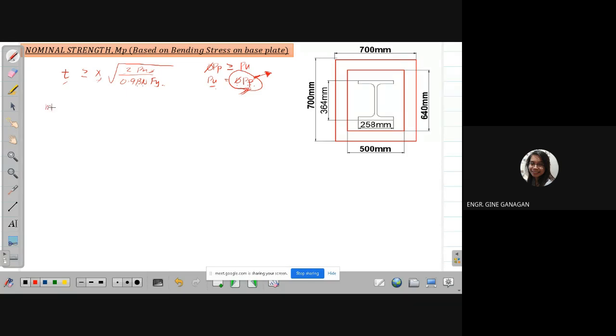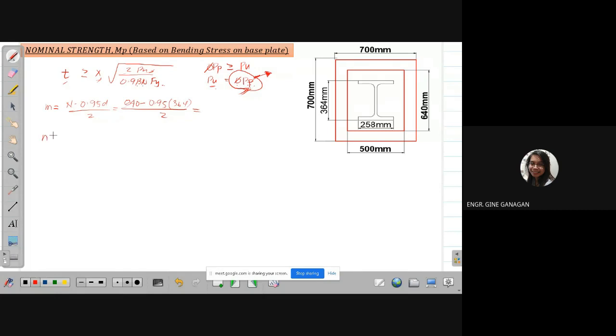So M, that is N minus 0.95 D over 2. So kindly solve the value here. We have N is 640. 640 minus 0.95, yung D natin is 360, over 2.